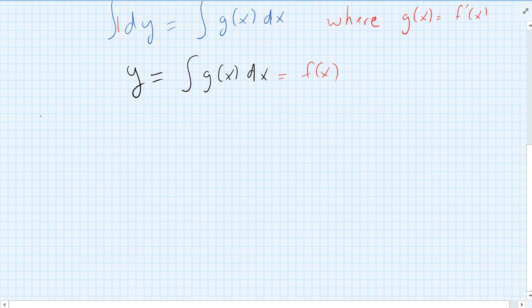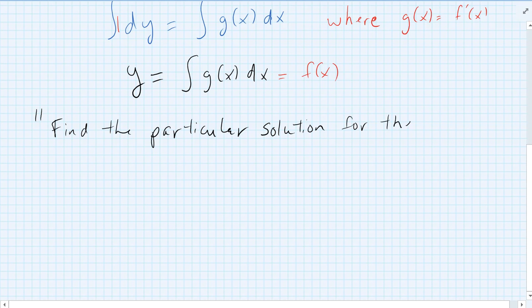The other way they'll do it is they'll say find a particular solution, or the particular solution for the differential equation. And that just means integrate it and go find C. Those words translate to integrate it and go find C.